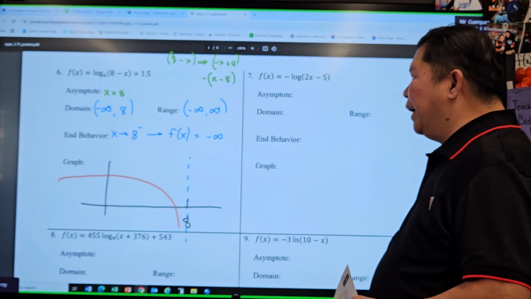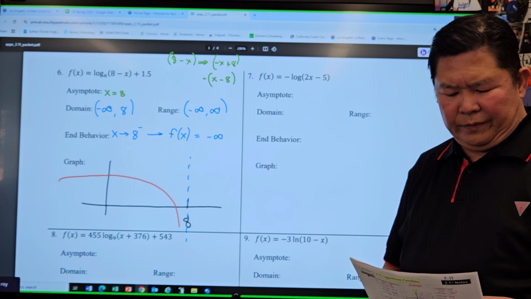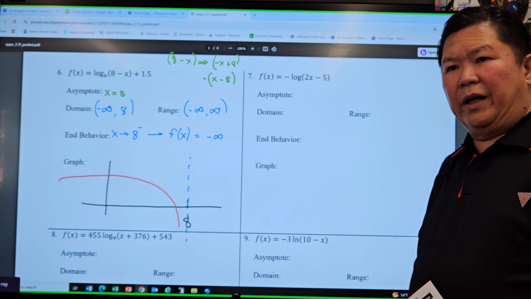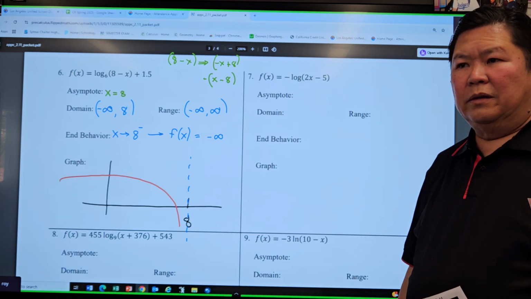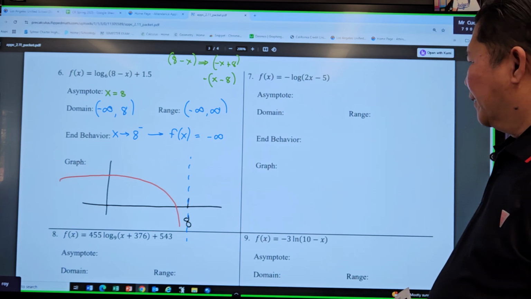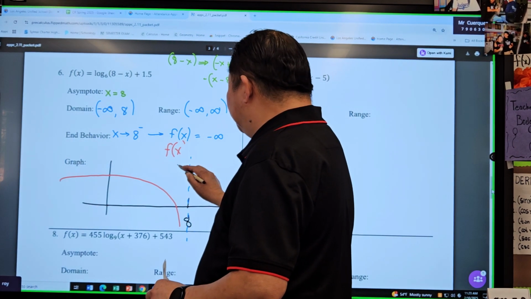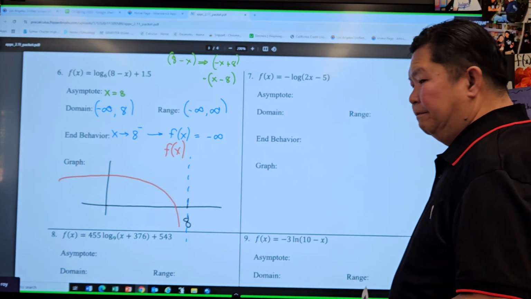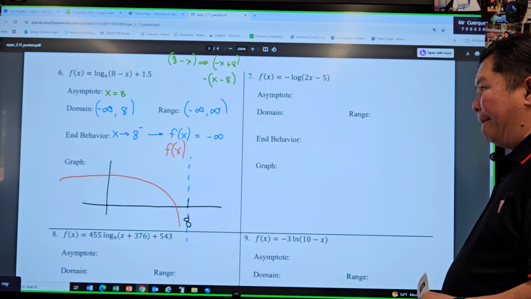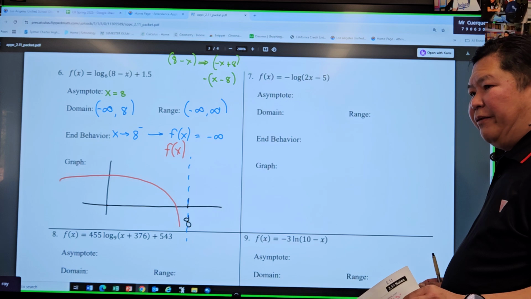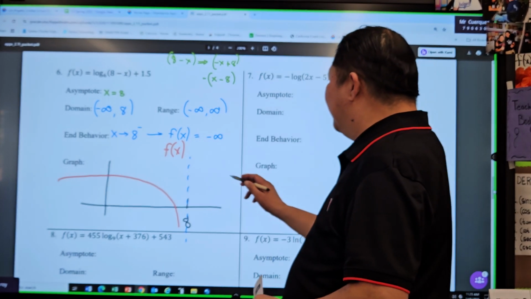And next, how about on the right of 8, or as x is going to positive, where does f of x go? Where do you think is the function? Positive infinity. We are on end behavior. It's going to be positive infinity. Okay.